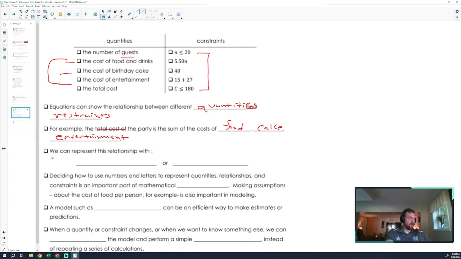Well, I know that the total cost, C, which is less than 180, is going to be equal to the cost of the food and the drinks, which is $5.50 for every guest, plus $40 straight up for the cake, plus the total cost of entertainment, which is 15 plus 27.